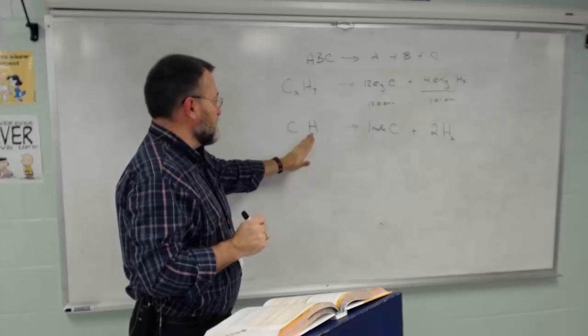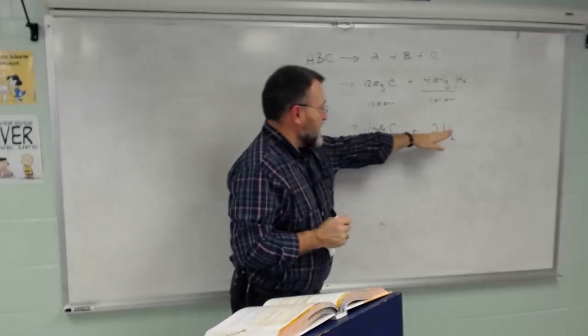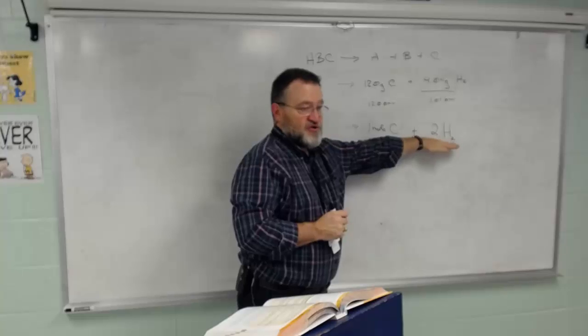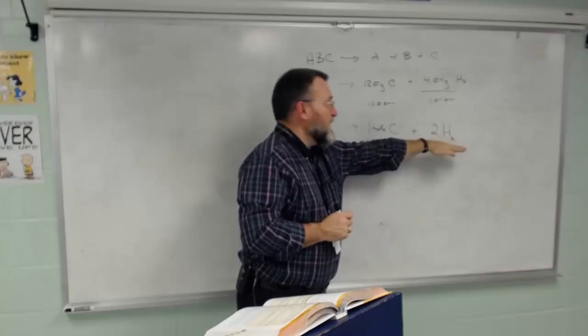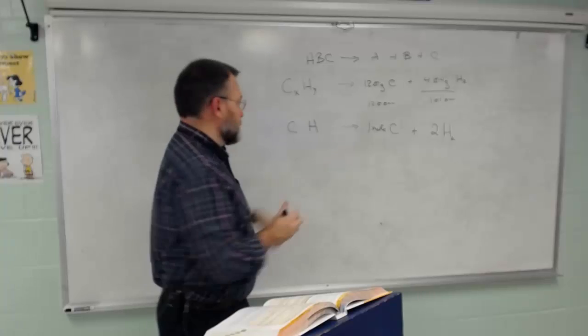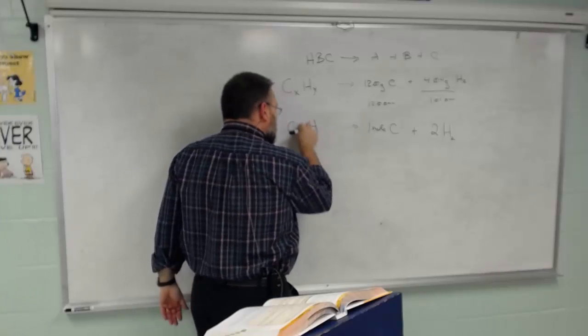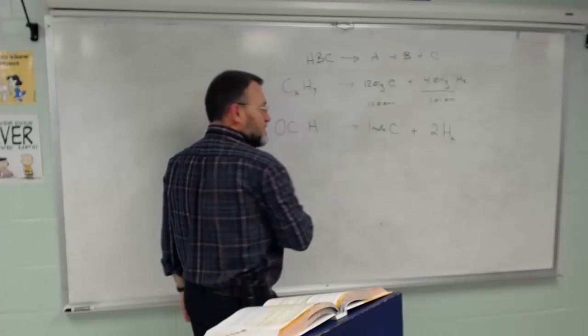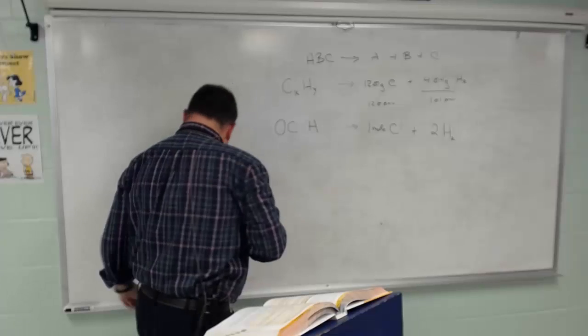I don't write anything. And hydrogen gas, over here, I have 2 moles of H2. How many hydrogen atoms do I need? 4. And I can't do that by putting a number in the middle of the molecule. All I can do is add a coefficient out in the front.